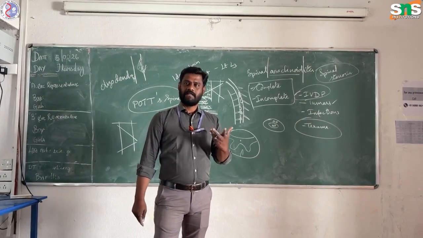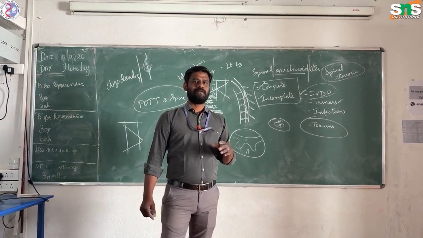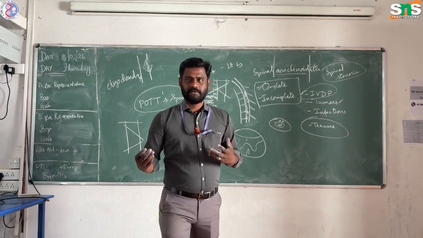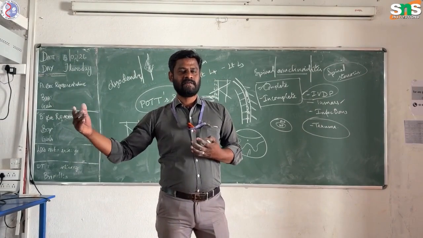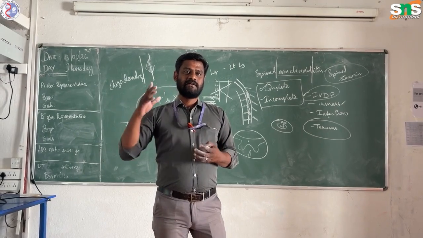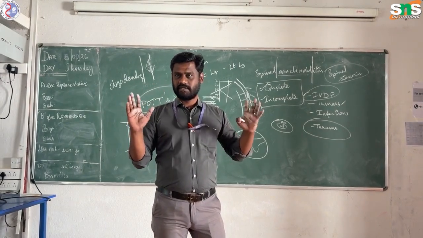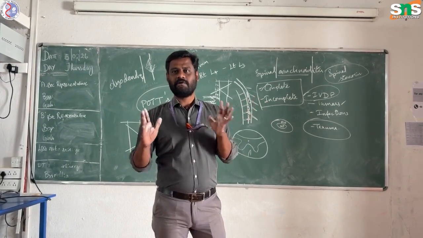Okay, and trauma. For example, you may undergo some trauma, an accident or something. Some piece of metal is stuck inside your leg. Luckily, nothing is severe, your spinal cord is not severely injured, and you are fine.